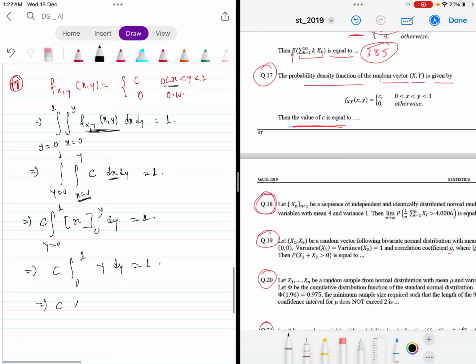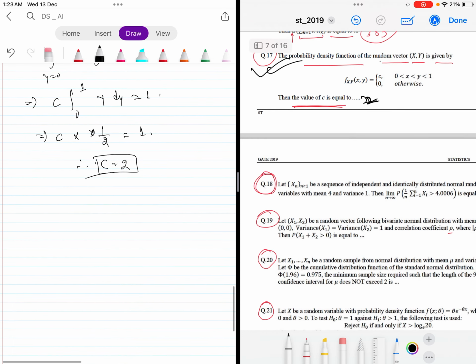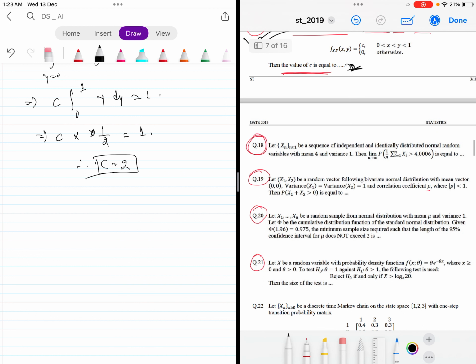Now c into y squared divided by 2, so 1 divided by 2 is equal to 1, so c is equal to 2. So the correct answer for this is 2. Okay, now let's move to next question, that is question number 18.